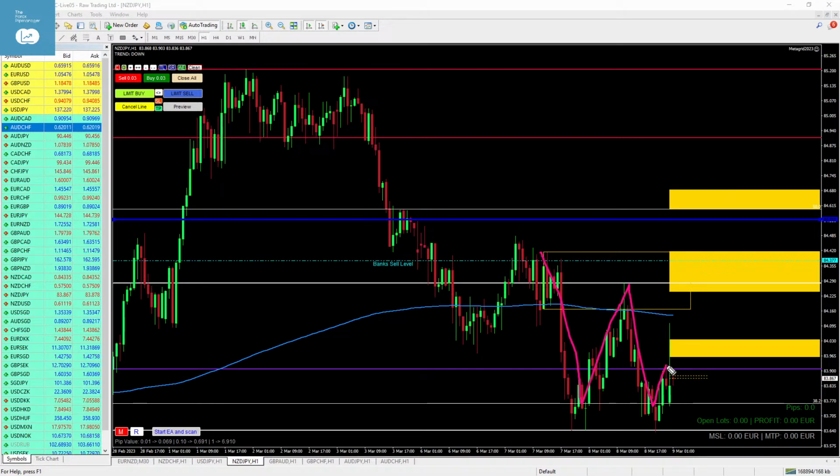So we could maybe draw a trend line on these spikes here, and then based on this W formation we could open a buy trade if the price comes over this trend line, this neckline here.